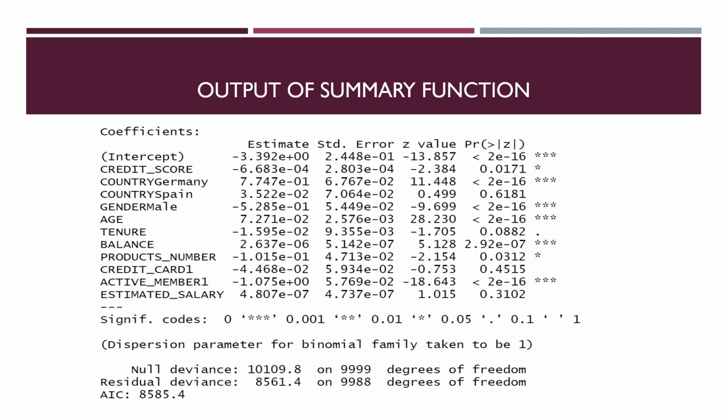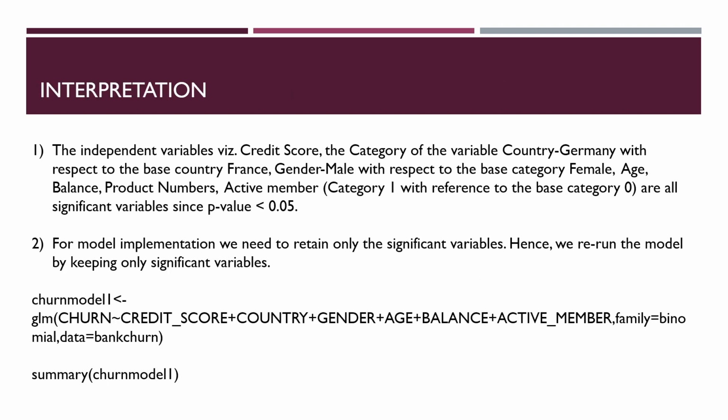The first column of estimates indicates the model parameter estimates, which is done using the method of MLE, and the last column, which is of p-values, indicates which independent variables are significant and which are not. This is how we interpret the output.